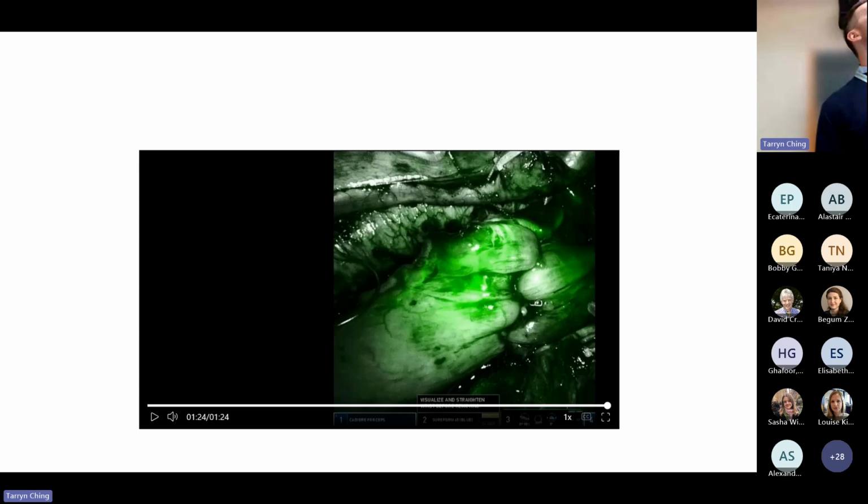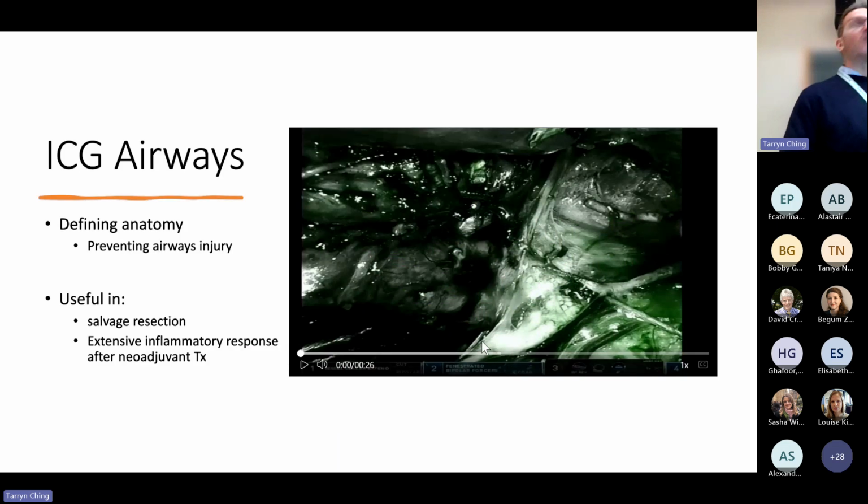But with regards to the incidence of anastomotic leak, I think that there are so many other factors intrinsic of the patients, specific of the postoperative recovery, that may play an equally important part in anastomotic leaks. So the ICG perfusion is certainly not going to be a solution for anastomotic leak. It can help.